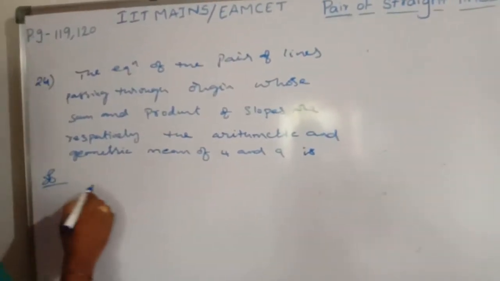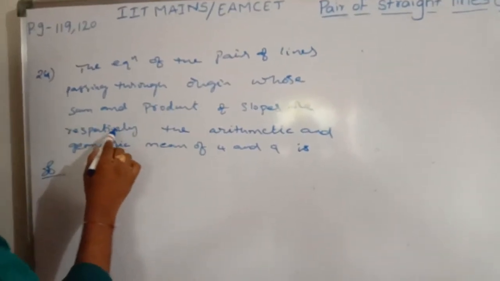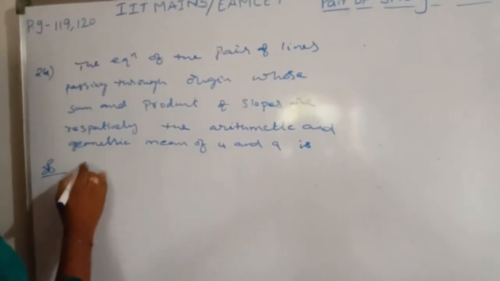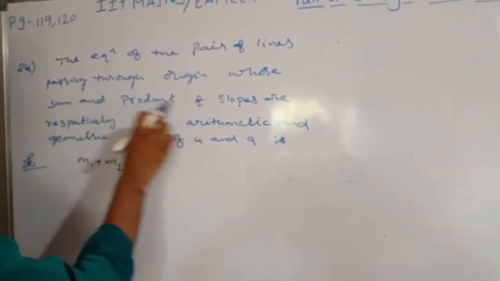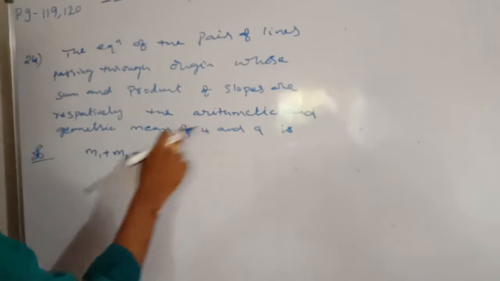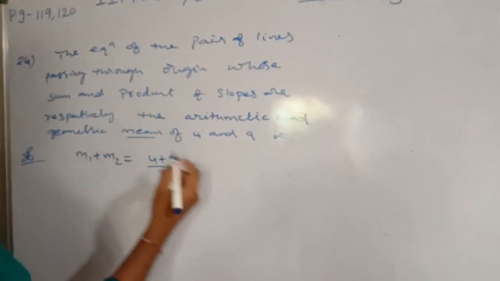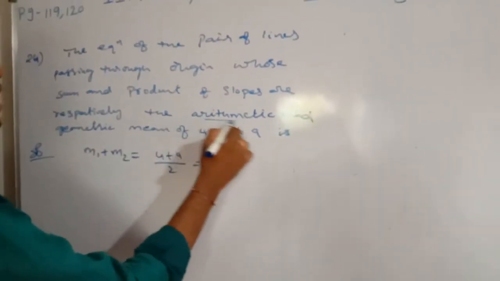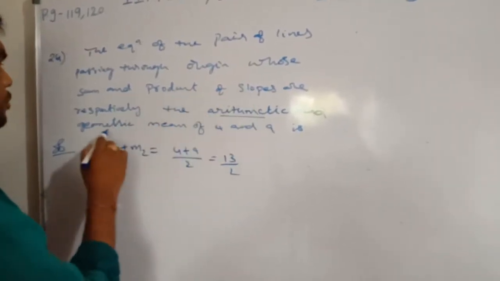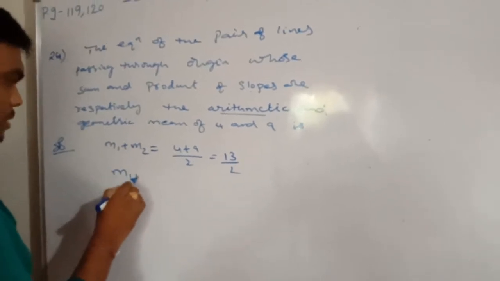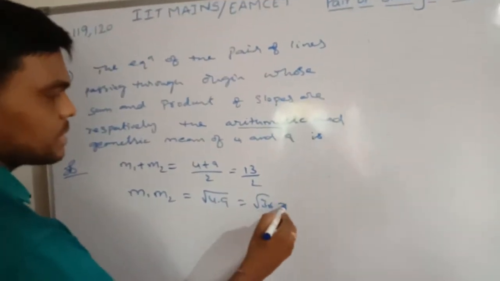The sum of the slopes, m1 plus m2, is the arithmetic mean, 4 plus 9 by 2, which is 13 by 2. The product of slopes is the geometric mean, root 4 into 9, which is root 36, equal to 6.